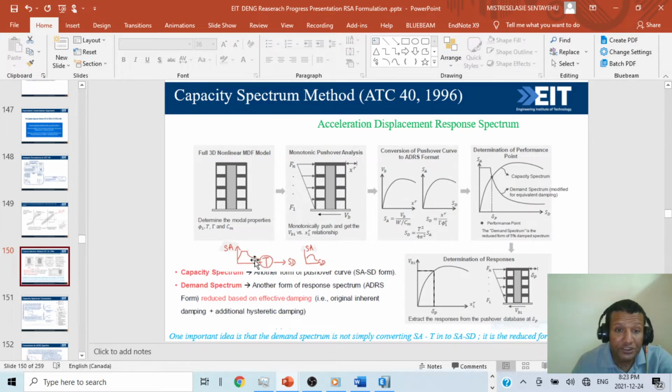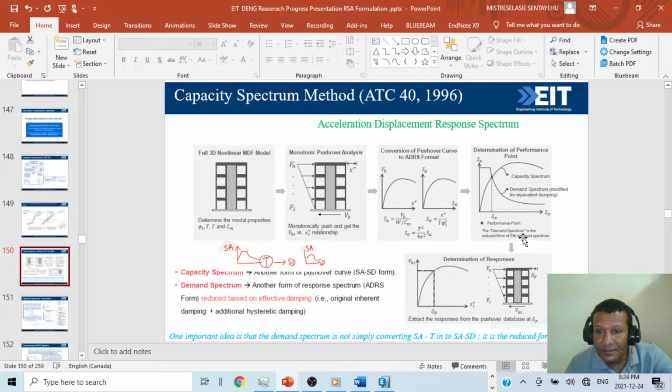So we have to change this spectral acceleration versus time response spectrum into spectral acceleration versus spectral displacement, the same format. Then we overlay this curve with the capacity spectrum, and this point will be the performance point.